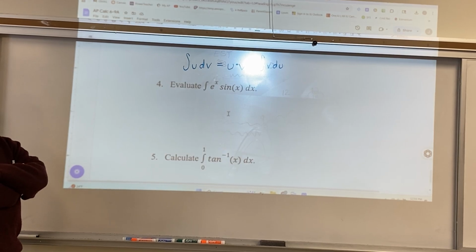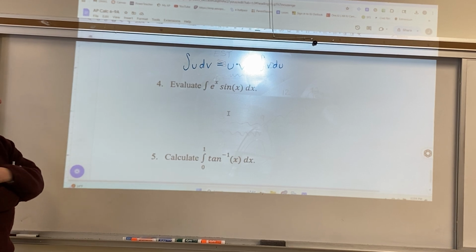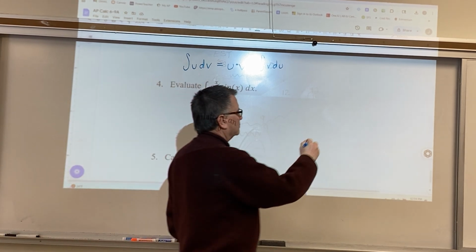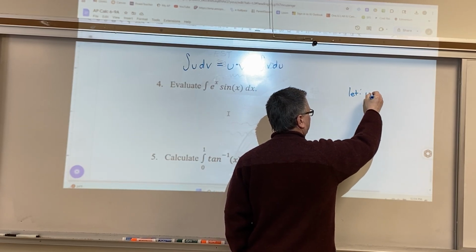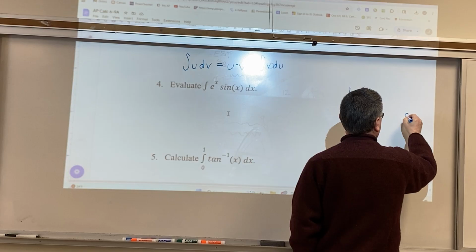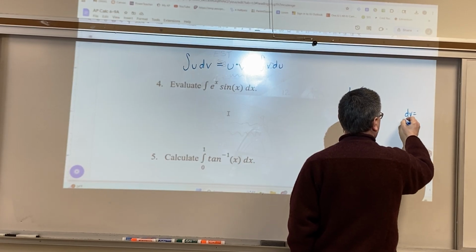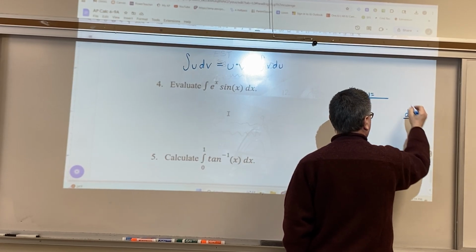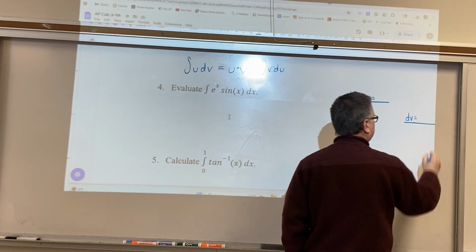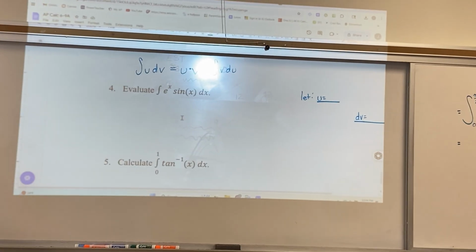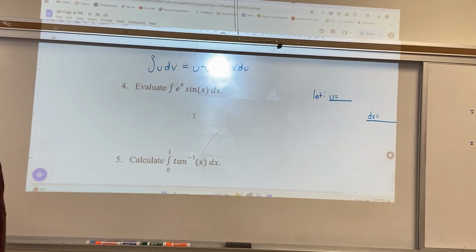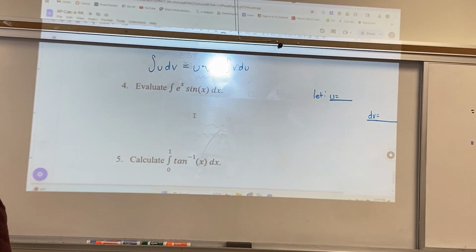Okay, I gotta figure out which part of this I want to be U and which part of this I want to be dV. So I need to find U equals something, dV. Let U equal e to the x.